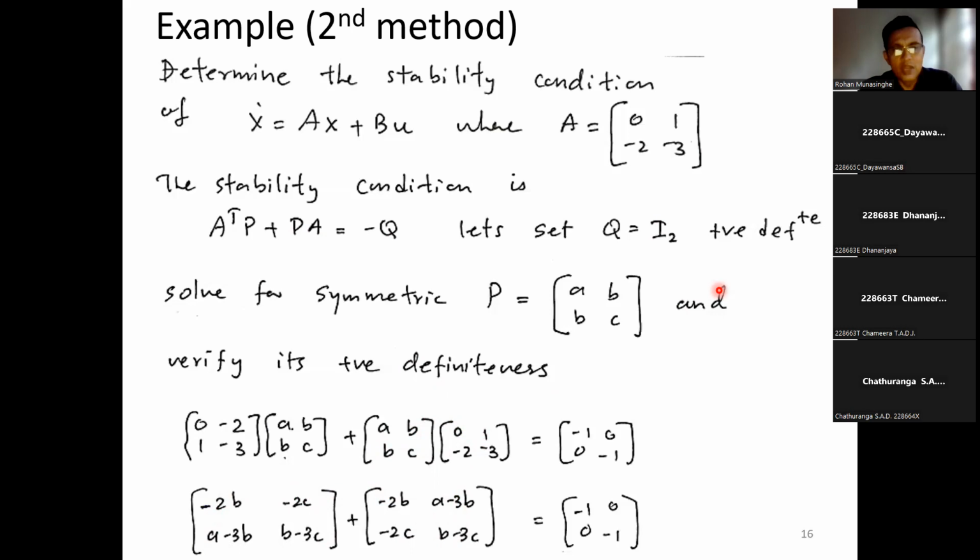This is a 2 by 2 matrix on the left and on the right, which means you have 4 elements, so you can write down 4 equations if you wish.